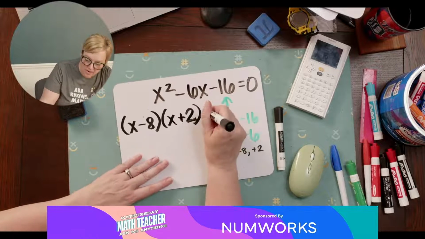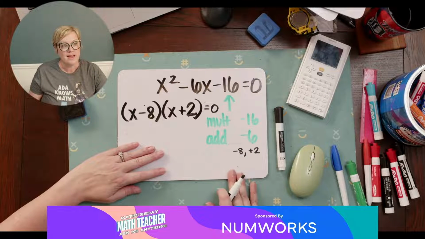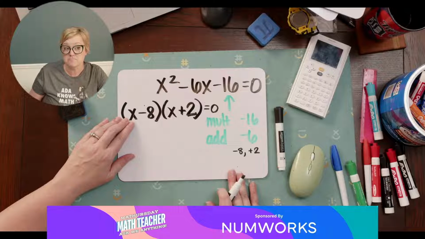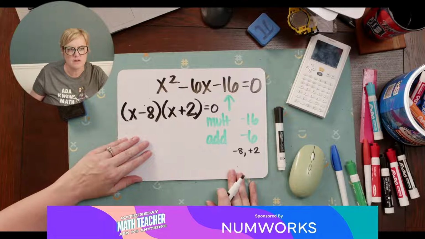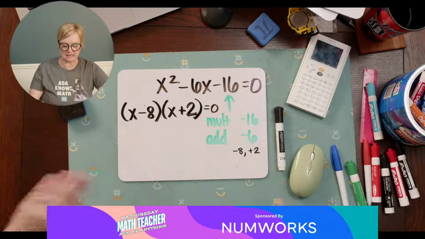Now, if these multiplied together need to equal 0, then one of them has to equal 0. Would 6 and 3 also work? No, 6 and 3 would not work because they don't multiply to 16.